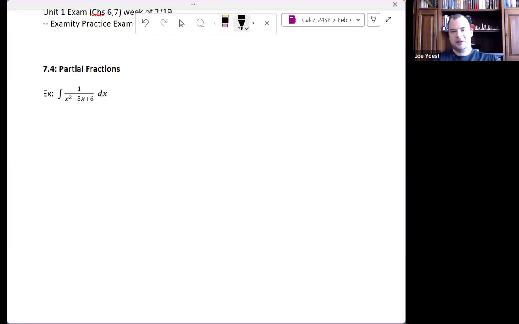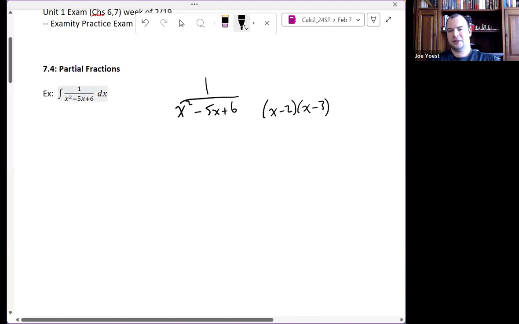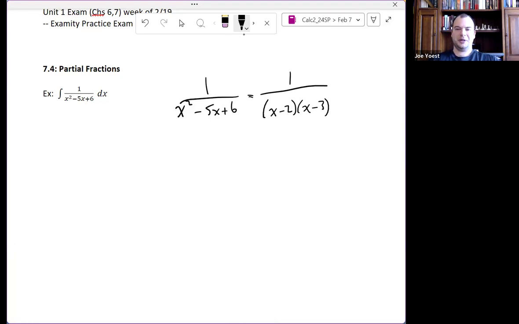Well, one thing I might note is that x squared minus 5x plus 6 can be factored. And therefore 1 over x squared minus 5x plus 6 is 1 over x minus 2, x minus 3.